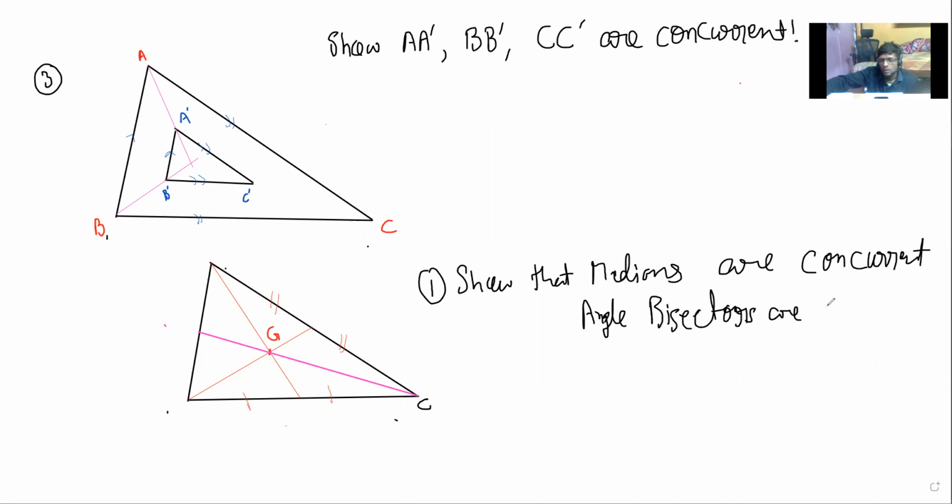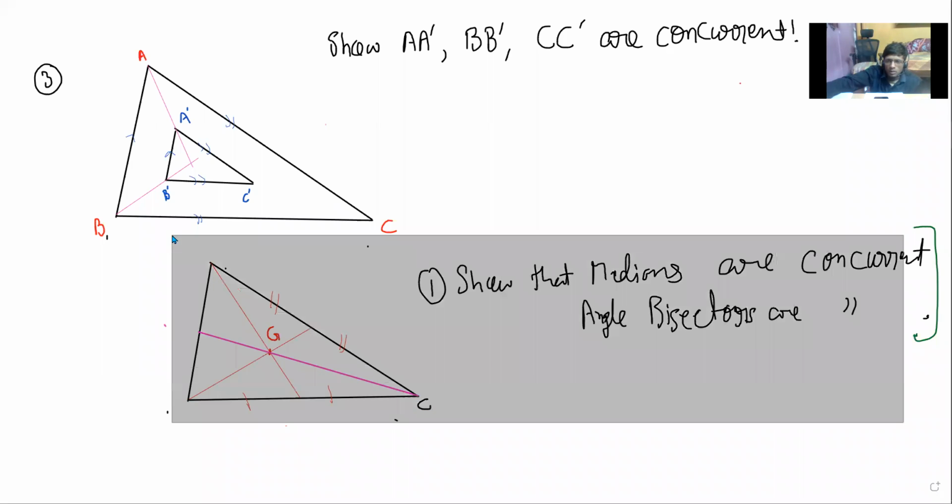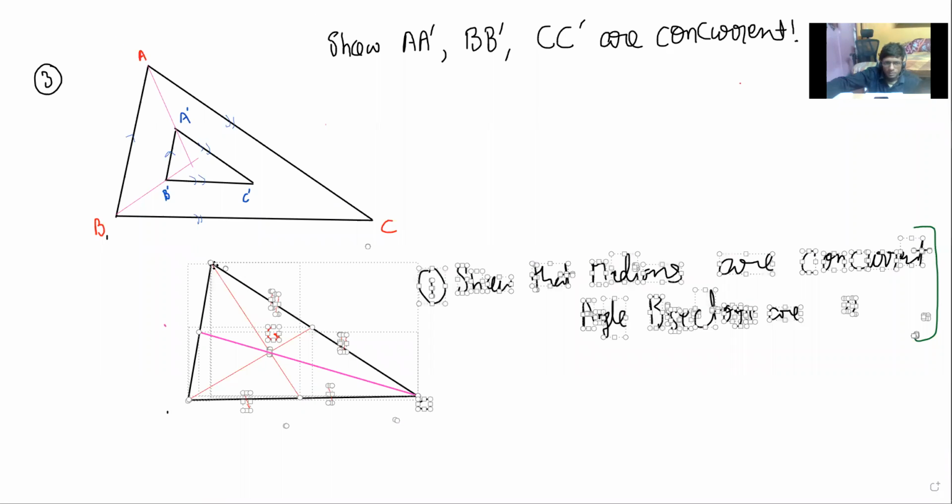Show that angle bisectors are concurrent. I will do this problem, but I'm just giving this quickly. Do these two, and then you can see. You can note it down now or later, whatever.